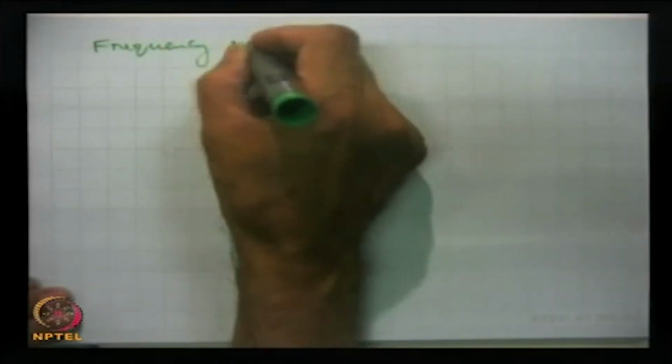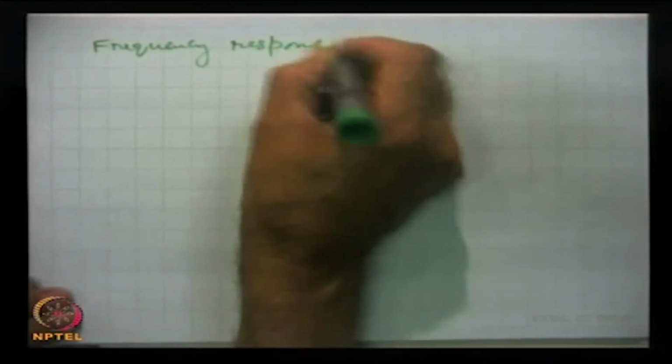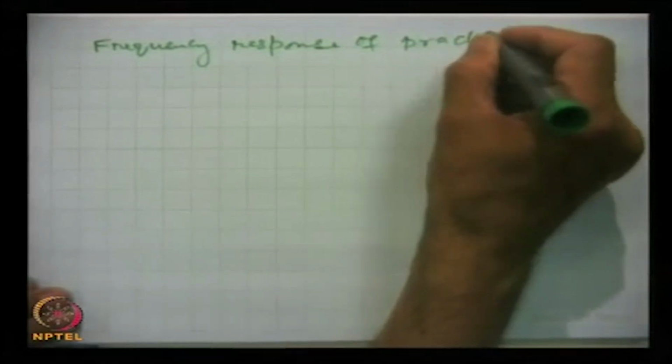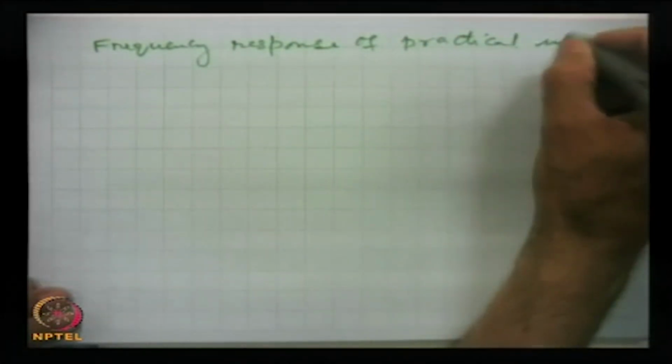And these problems can be tackled by attaching a resistor along with the capacitor in shunt. So, now we discuss the frequency response of a practical integrator.